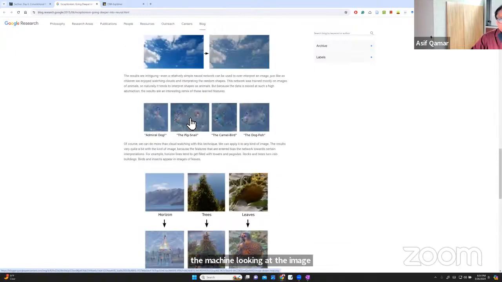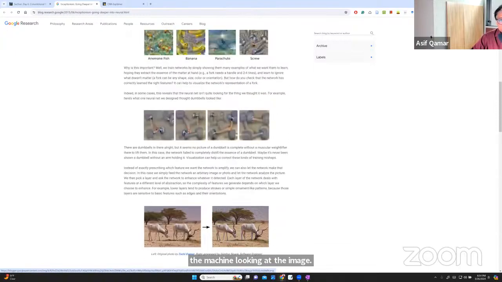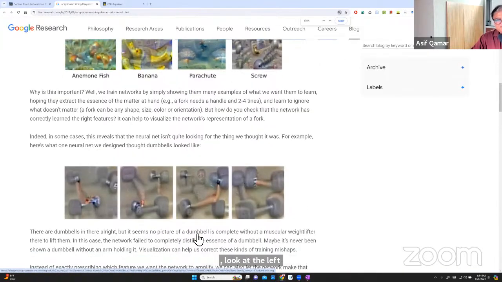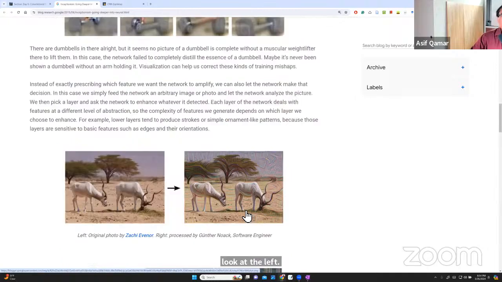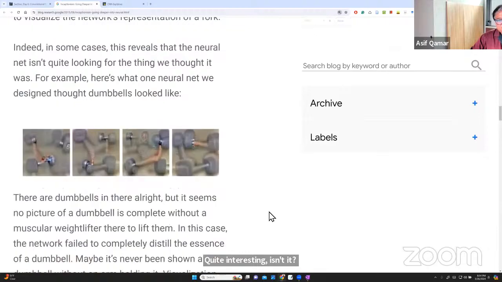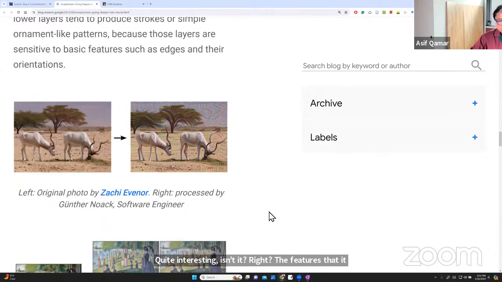So can you tell that you start with the image like this? Look at the left and look at how the machine is thinking about it. Quite interesting, isn't it? The features that it saw in the image are quite interesting.